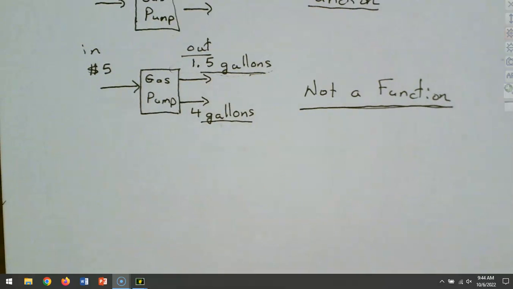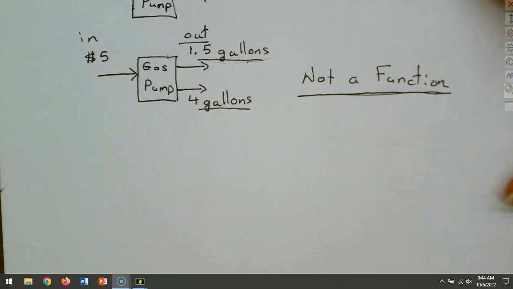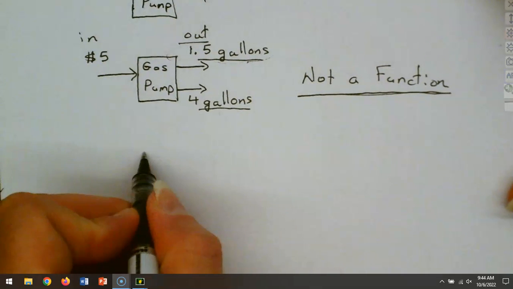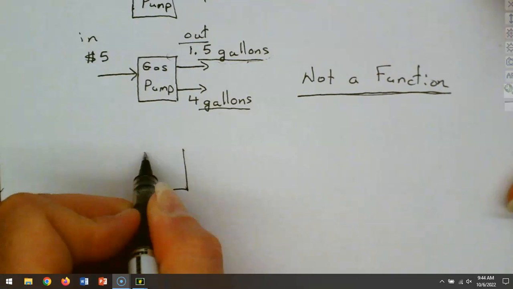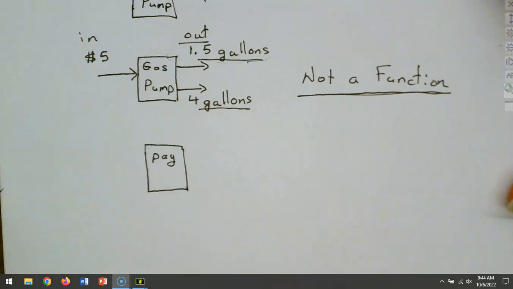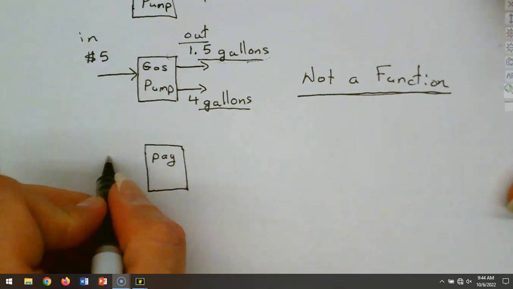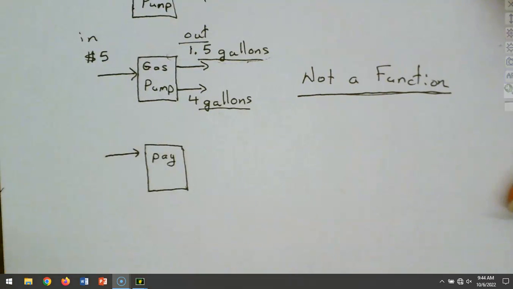Now, you can have something where they all go to one number out, and that's okay. Here's another example. This one's going to be a function, and we're going to talk about why. So here's an example of a function again.